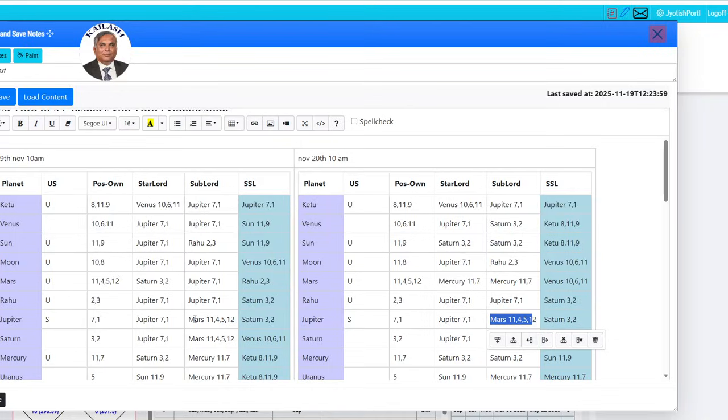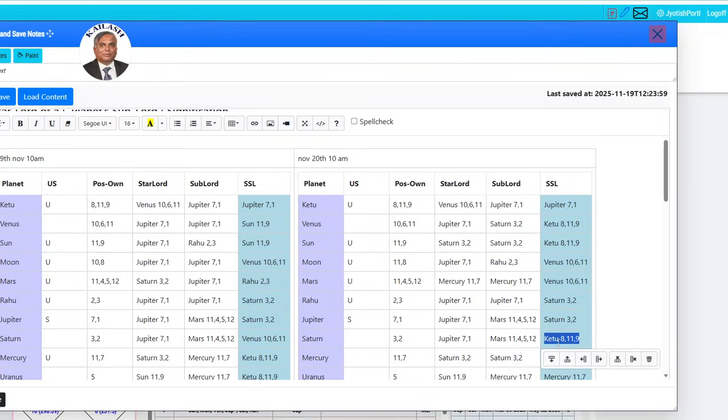So it's pretty much just hovering in that particular sub position. Sorry, the sublord is Saturn. Here also it is Saturn. But if you look at the Saturn sublord, you see here it is Venus, and here it becomes Ketu. So this changes the houses that are denoted by Saturn's signification.